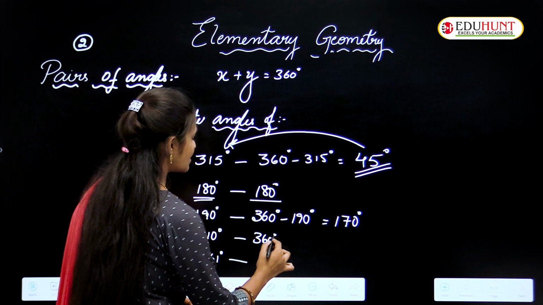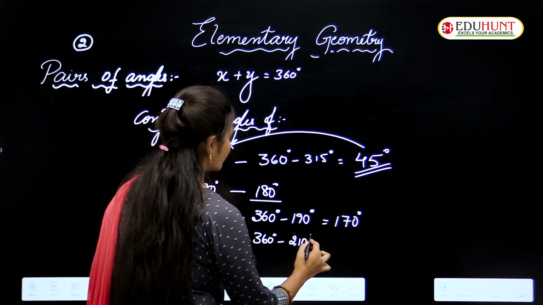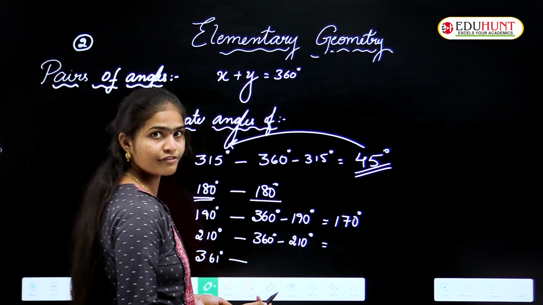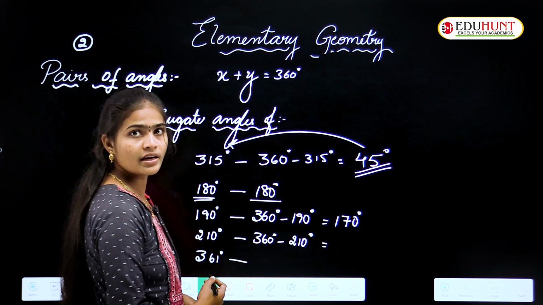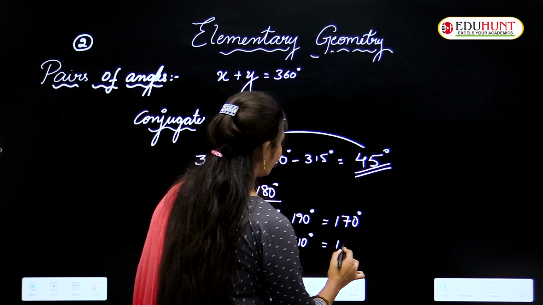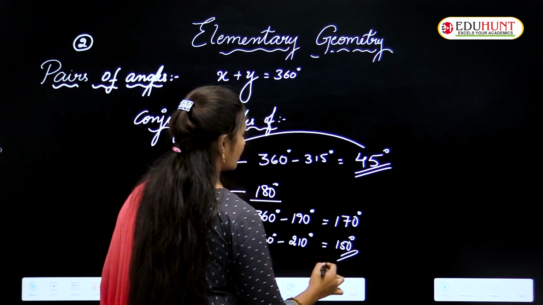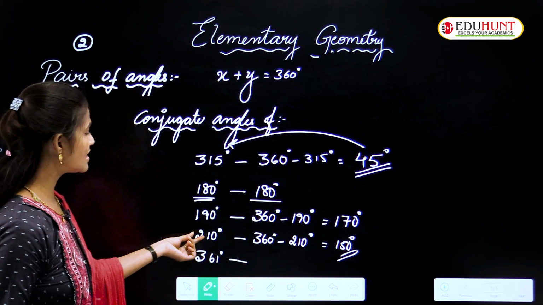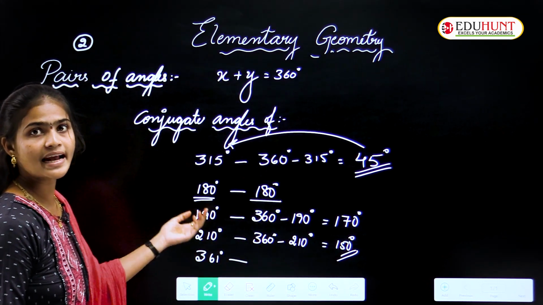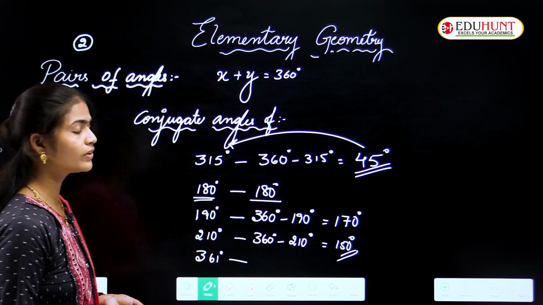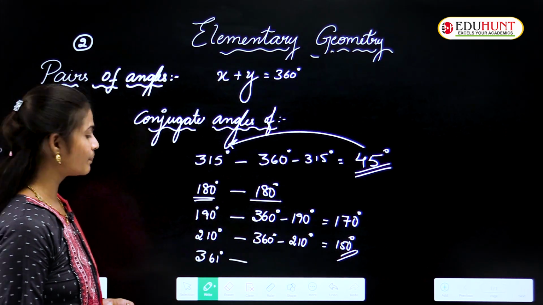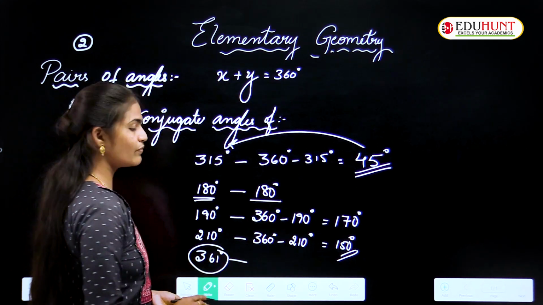So 360 degrees minus 210. What will you get here? 60 minus 10 is 50 and here 300 minus 200 is 100. So 150 degrees. Okay. So 150 degrees is a conjugate angle of 210 degrees and 210 degrees is a conjugate angle of 150 degrees.